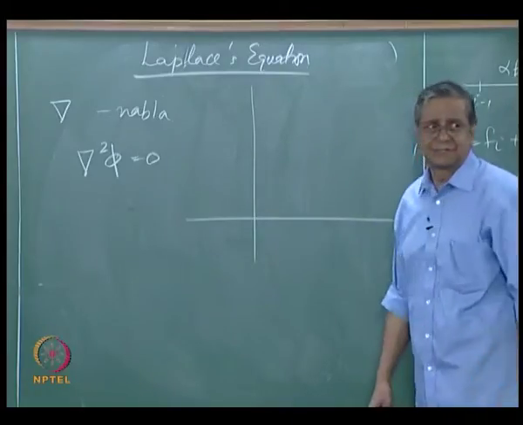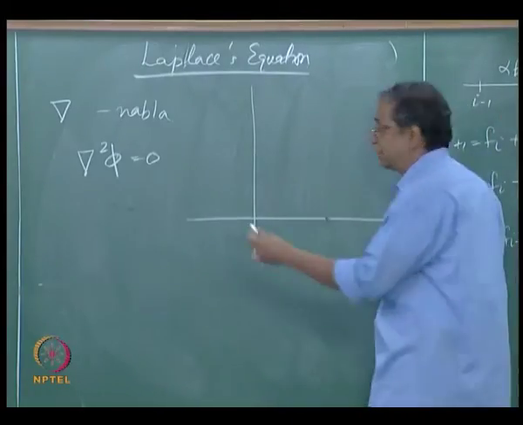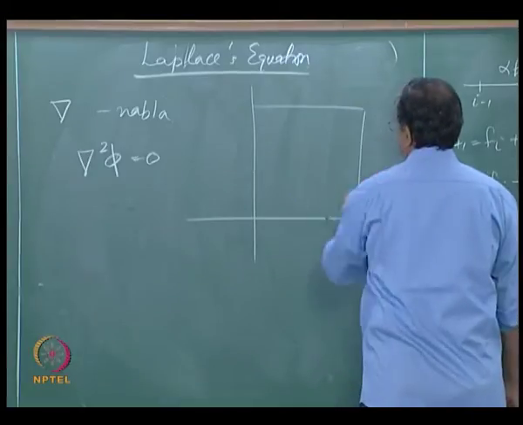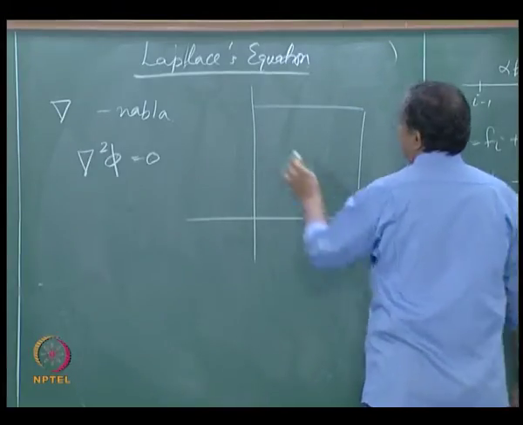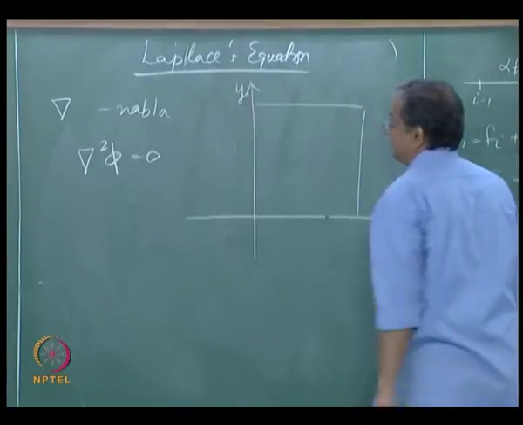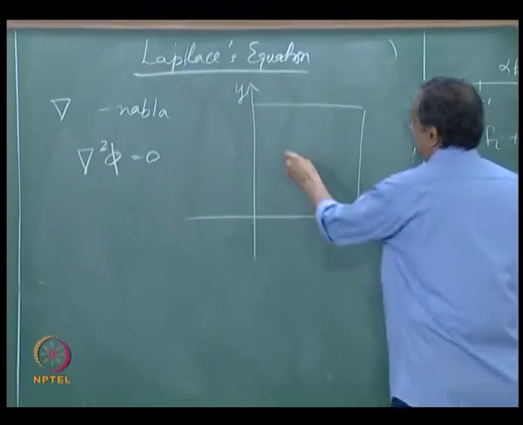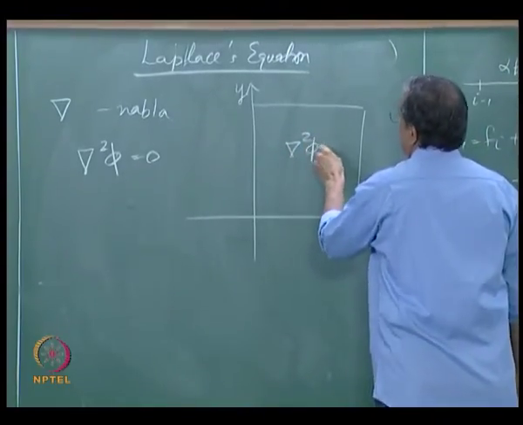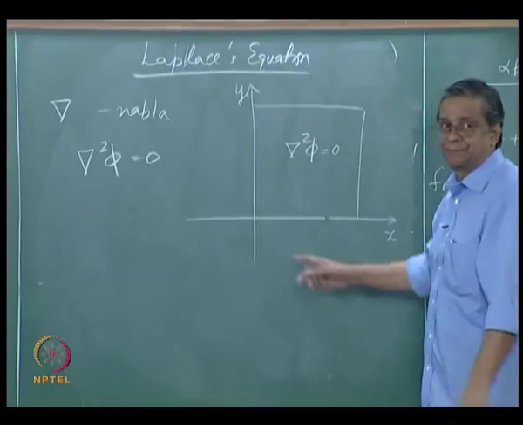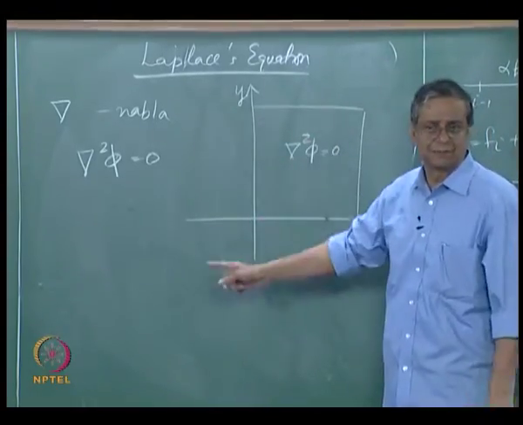We can choose a region that is in the first quadrant, maybe a unit square, and in this unit square you have this equation that is valid, and on the boundary possibly we provide boundary conditions.